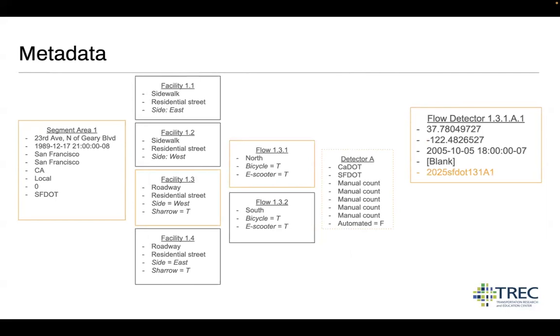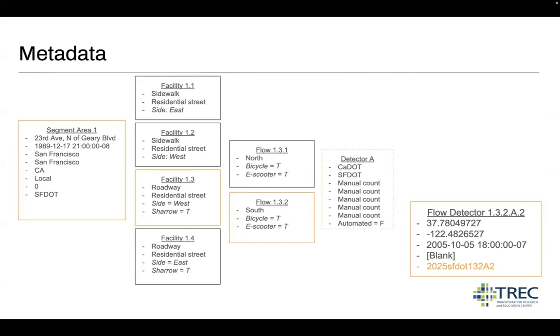So in this particular instance, we have this first flow detector to represent the northbound travel for bikes and scooters along the west side of the roadway. And then we have a second flow detector to represent the southbound travel for bikes and scooters along the west side of the roadway.